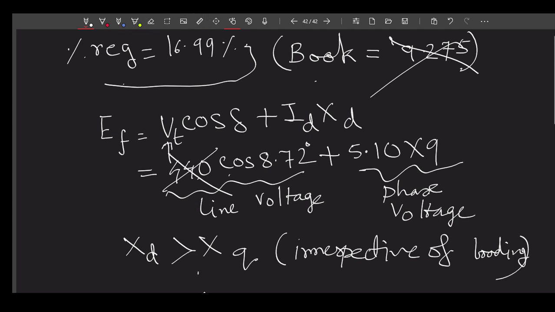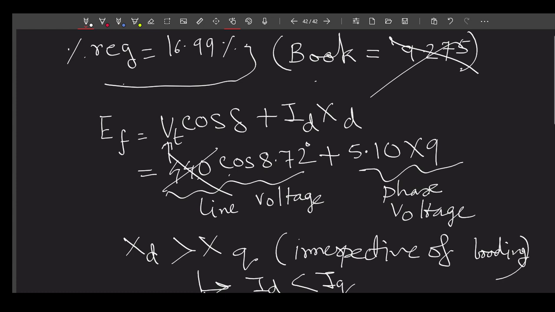So does it imply that Id is always less than Iq? Even in our slip test we have seen that, but is it always the case, or in some cases we can have Id that is greater than Iq? Okay, think about this.